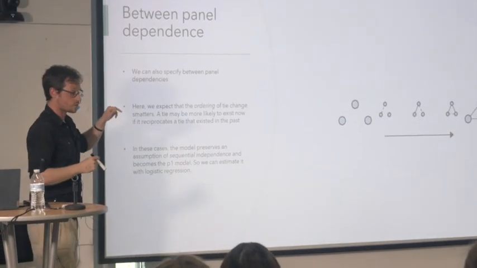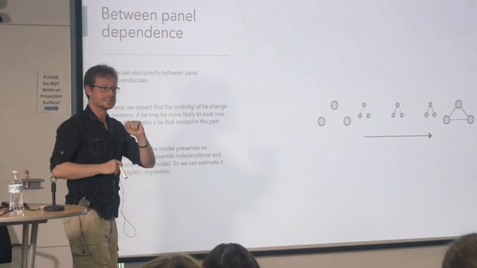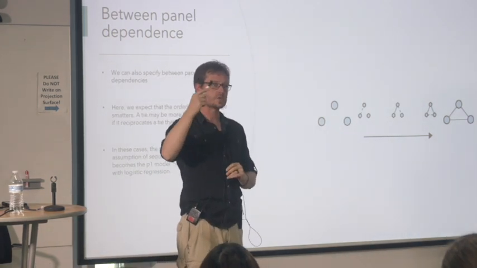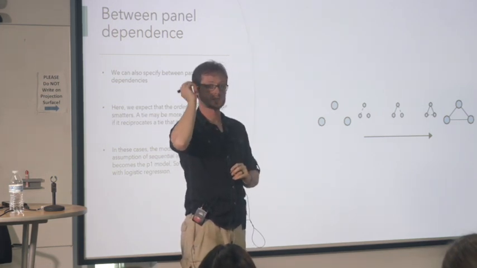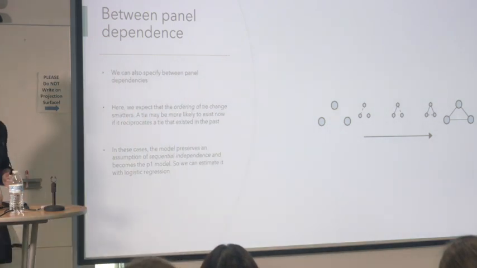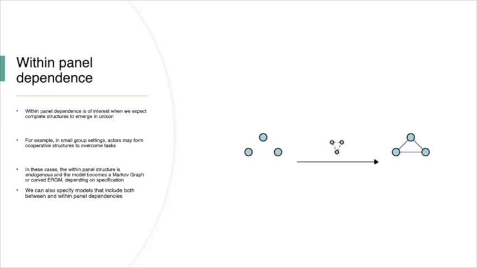And in this case, one of the things that's really nice about TERGM, when you're only doing a between panel model, it's still a logistic regression. And the reason is because we're meeting a sequential exogeneity assumption. My tie now is independent of my tie in the past. Where we start getting estimation problems is in the second way of specifying endogeneity, and that is with within panel dependence.